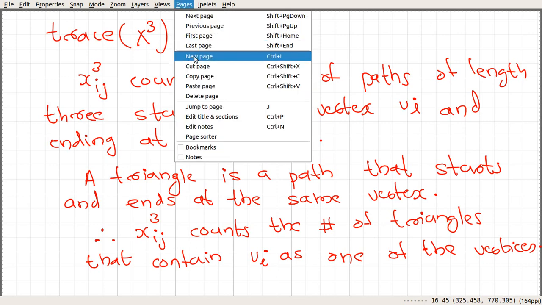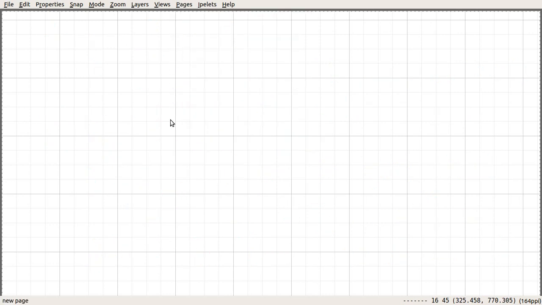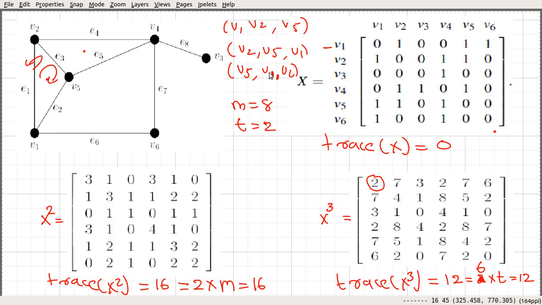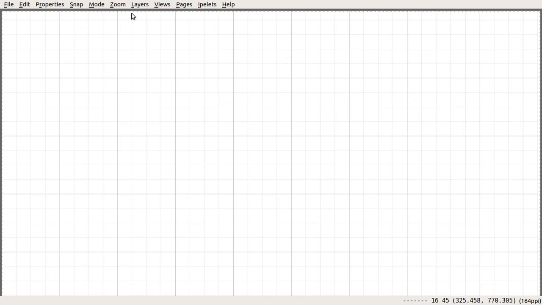as I said, each distinct triangle will be counted twice for each vertex, one clockwise and one counterclockwise, and these 3 sequences kind of thing. So that corresponds to a factor of 2 times 3, which is equal to 6.